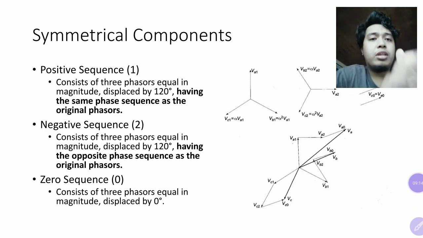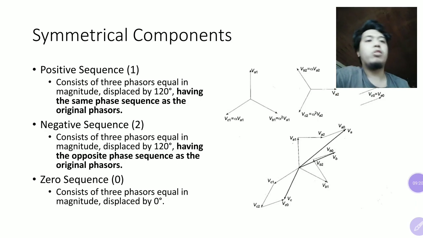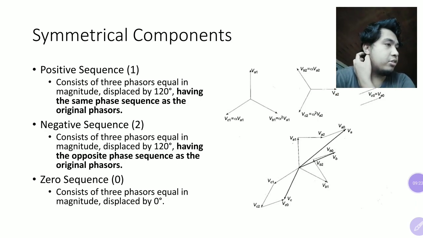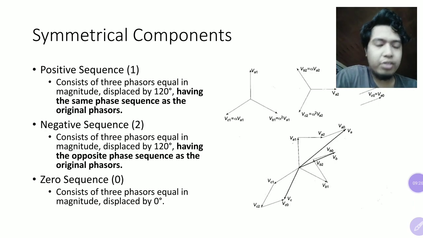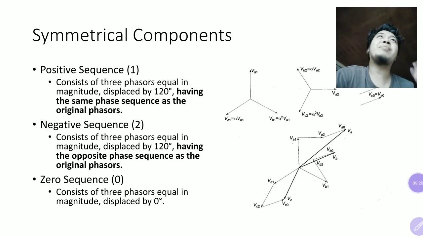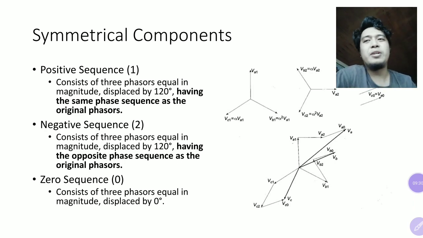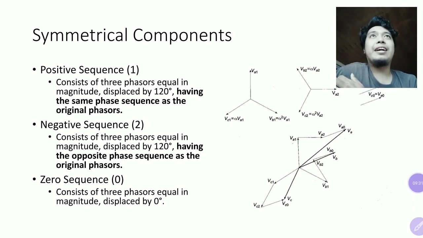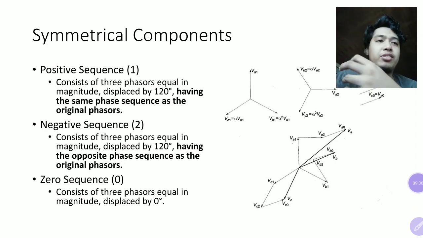It just tells you that if you have a set of three-phase unbalanced vectors, it's just the sum of three balanced networks, your symmetrical components. So you have the positive sequence, the negative sequence, and the zero sequence symmetrical component.